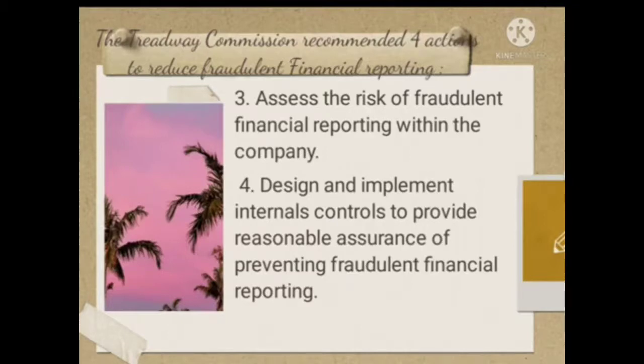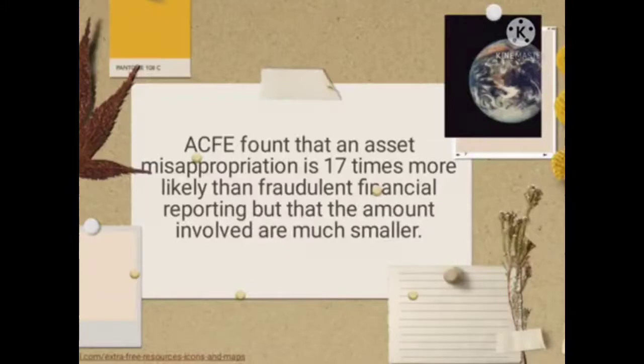fraudulent financial reporting. According to ACFE, asset misappropriation is 17 times more likely than fraudulent financial reporting, but the amount involved is much smaller. So, the result is that the auditor and management are more concerned with fraudulent financial reporting, even though misappropriations are more often encountered. Why?